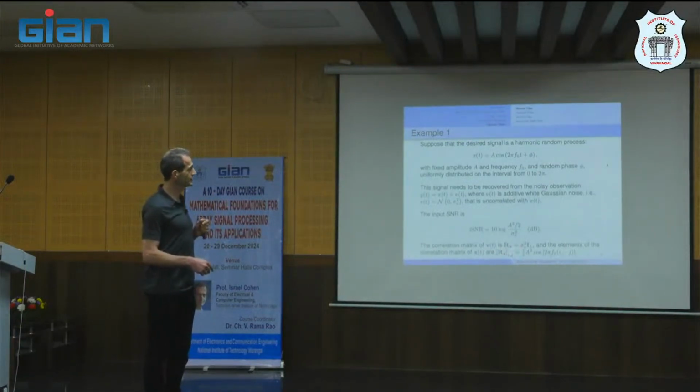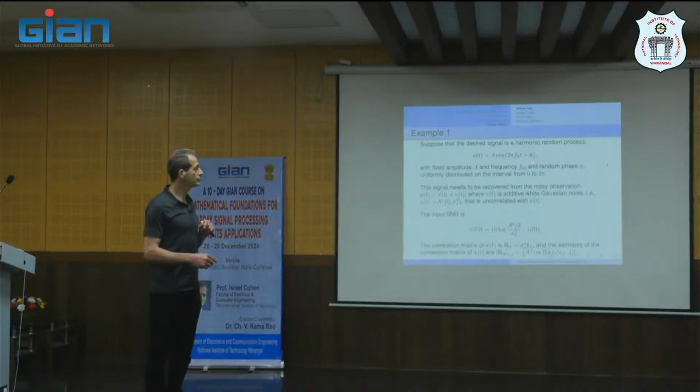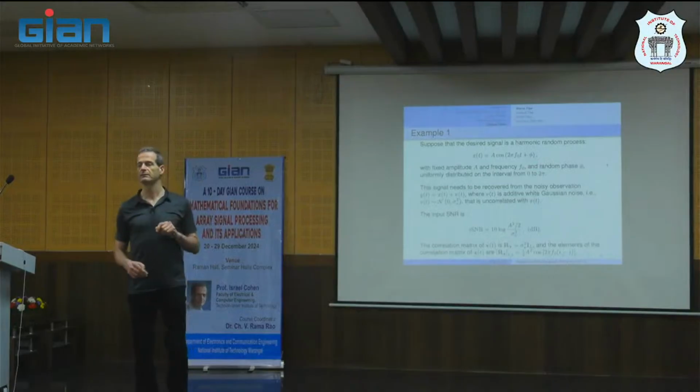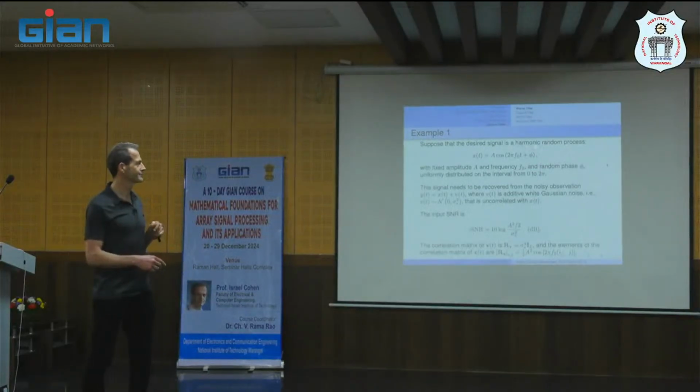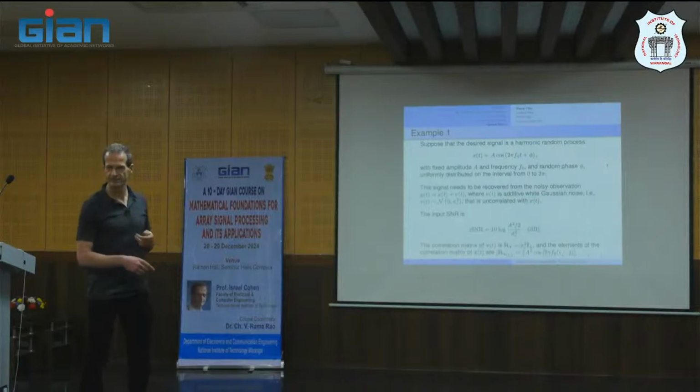But here we choose another possibility, which is based on, suppose that we know A and F0. We know the amplitude and the frequency of the signal. Usually we don't know that, because if we know that, we can estimate xt by only estimating the phase.